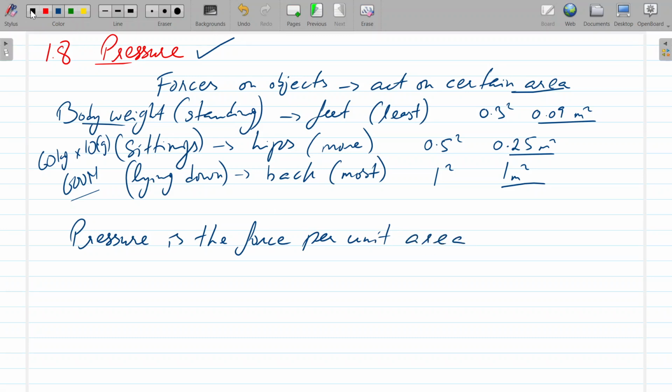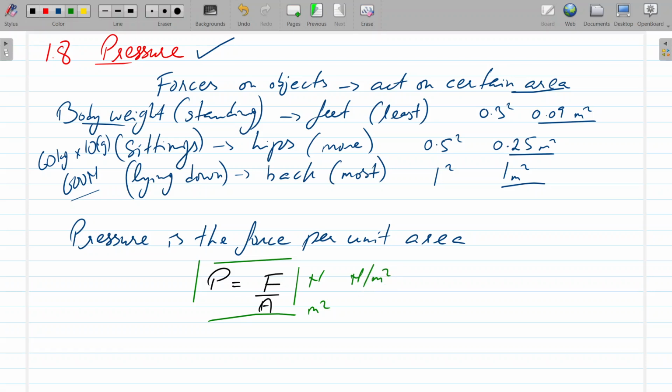And so the formula for that is P equals F over A, where force is obviously in newtons and area is in meter squared, so pressure is in newton per meter squared.